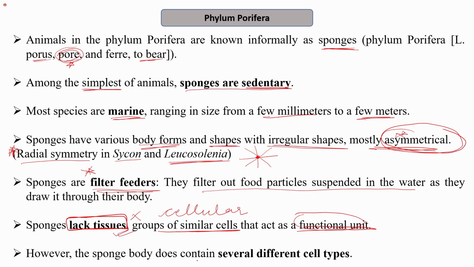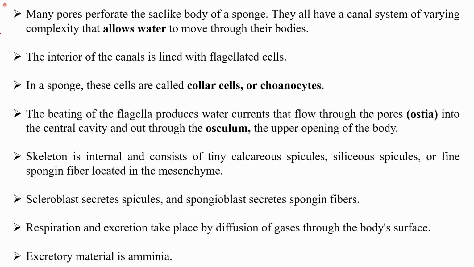However, as I mentioned, the sponge body contains several different cell types, and each of these cell types has its own function, which it performs in order to carry out the activities needed by the poriferans. Many pores perforate the sac-like body of a sponge. As I mentioned, the name Porifera itself suggests that they are pore-bearing.